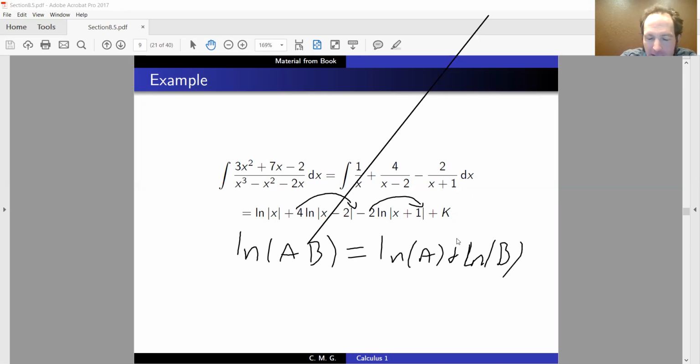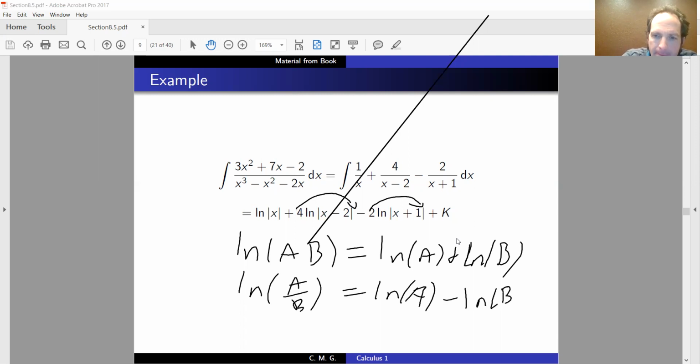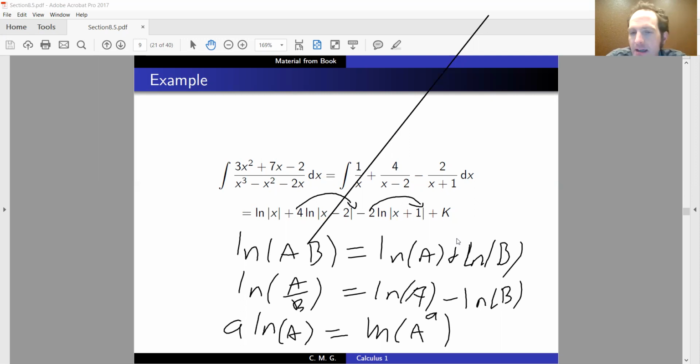And if I have the natural log of a quotient, this is the difference of the two natural logs. And then finally, if I have a constant times a natural log, it's the natural log of that number inside raised to the constant term out as an exponent.